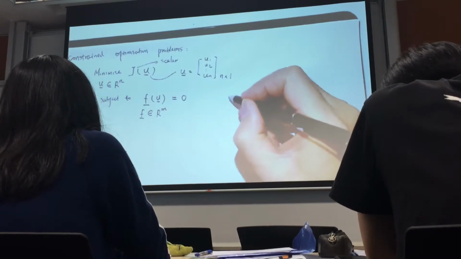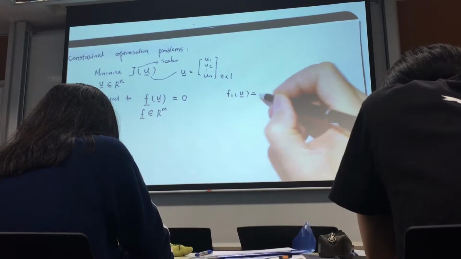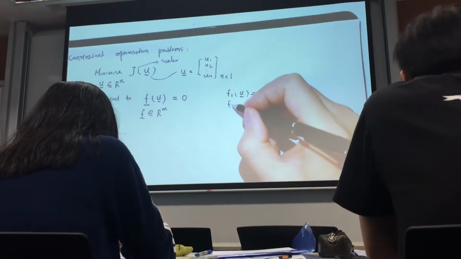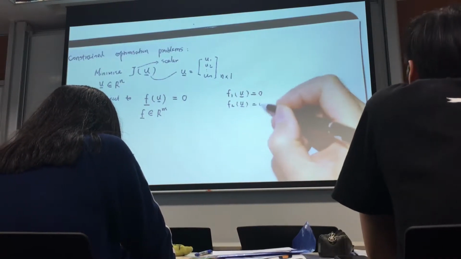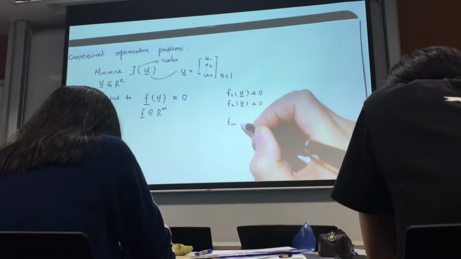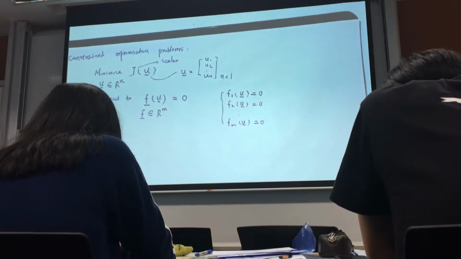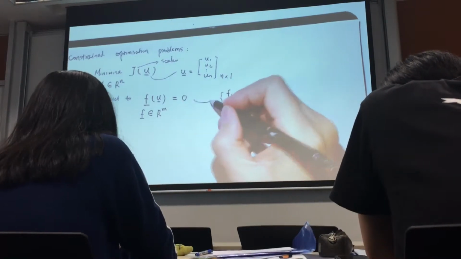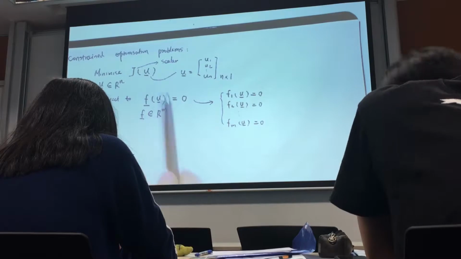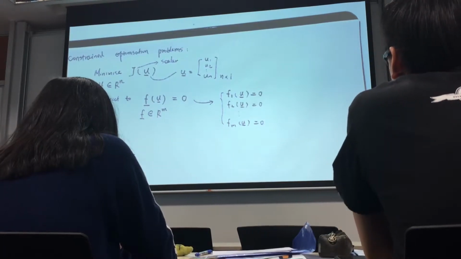So you can think about we have f1 of u equal to 0, f2 of u equal to 0, and up to fm of u equal to 0. This is the meaning of this notation.